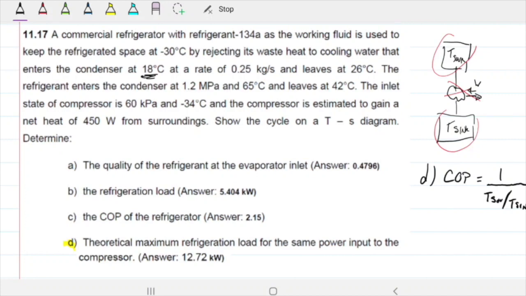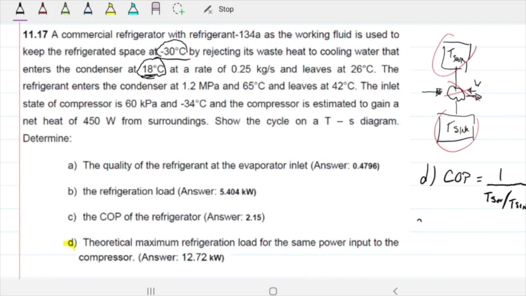And the other extreme on this problem is our space. We want to keep it at minus 30. So we'll be able to keep this at minus 30 with water that can come in at 18. Those are the two limits that we have within this problem. So whatever this guy in the middle does has to work within the boundaries of minus 30 and 18 Celsius.